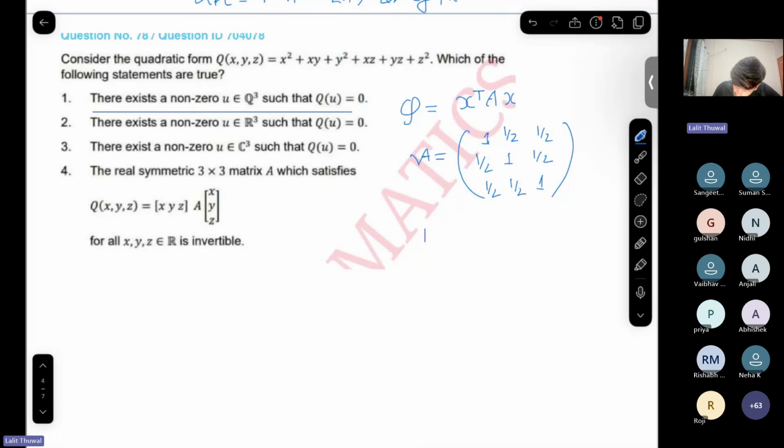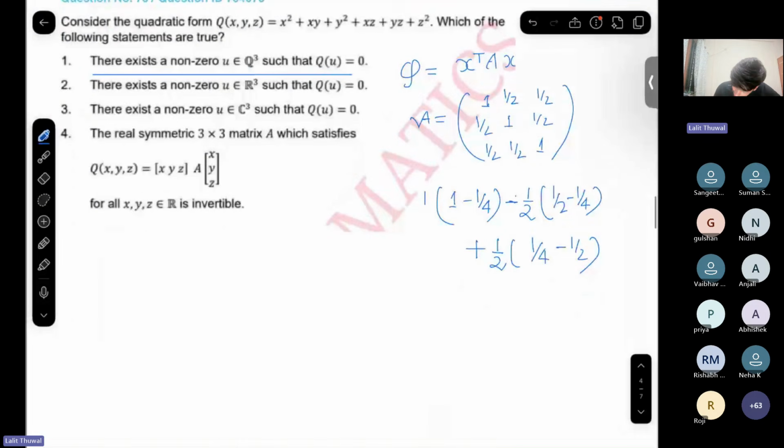So let's do that very quickly. 1 minus 1 by 4, minus 1 by 2 times 1 by 2 minus 1 by 4, and plus the last one, 1 by 2 times 1 by 4 minus 1 by 2. Okay.